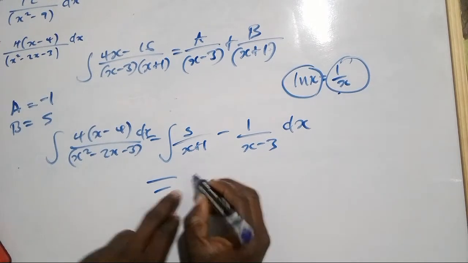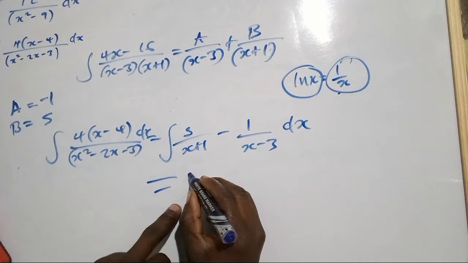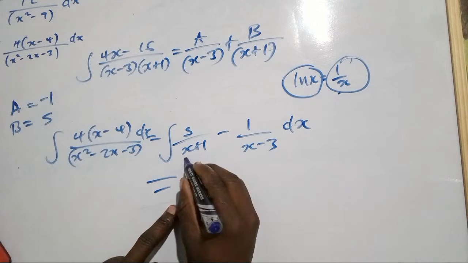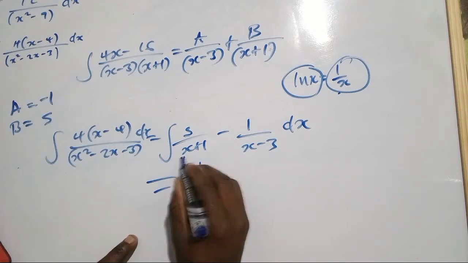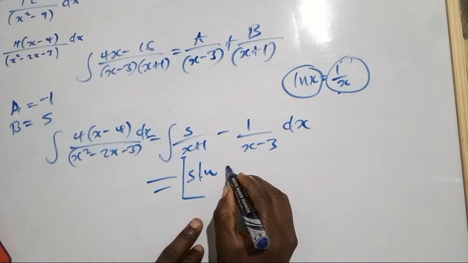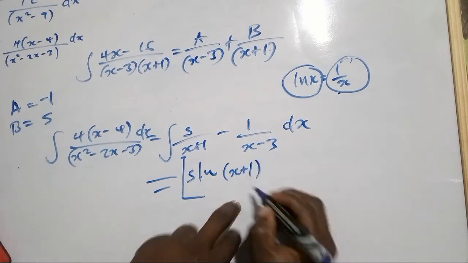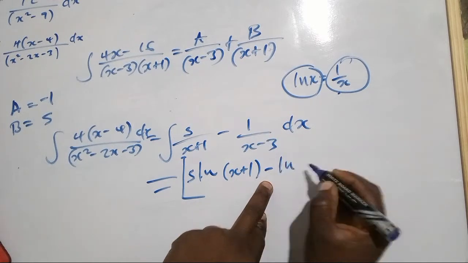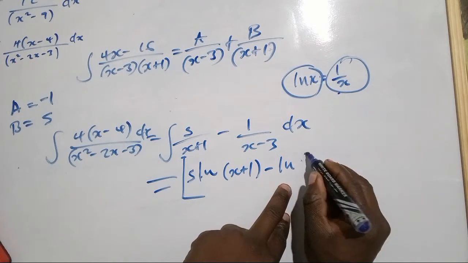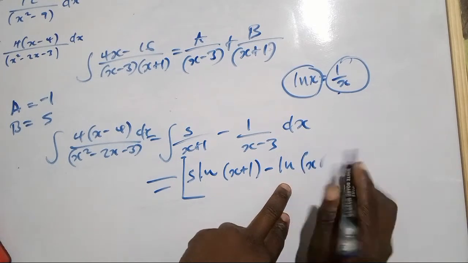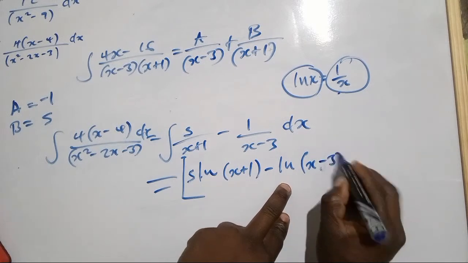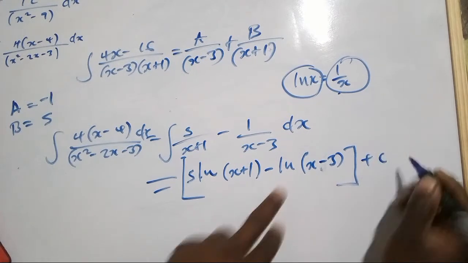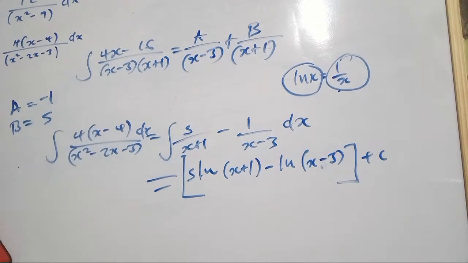So we're going to say open square bracket 5 ln open bracket x plus 1, then minus 1, so we are going to have ln, natural log, x minus 3 close square bracket, then plus c, because we don't have the limits, right?